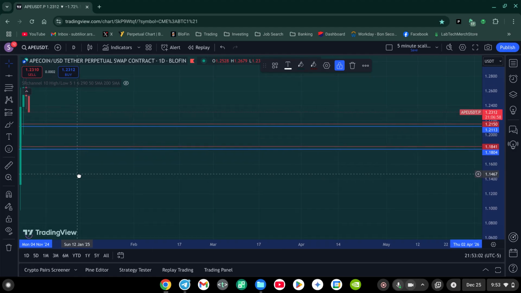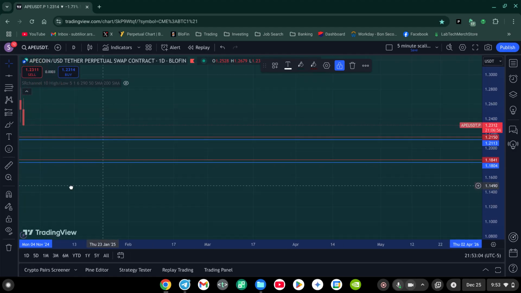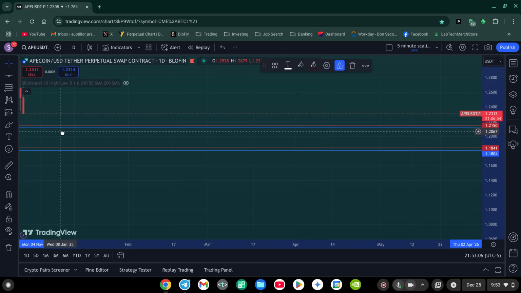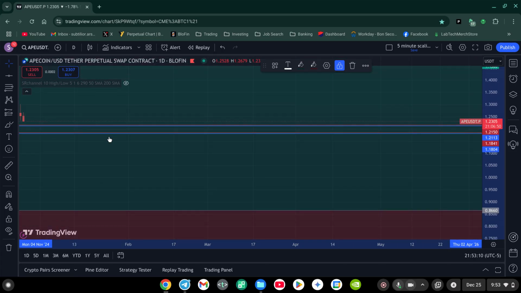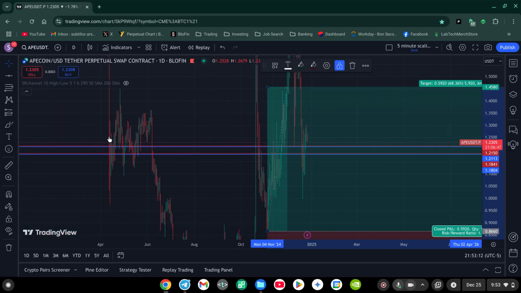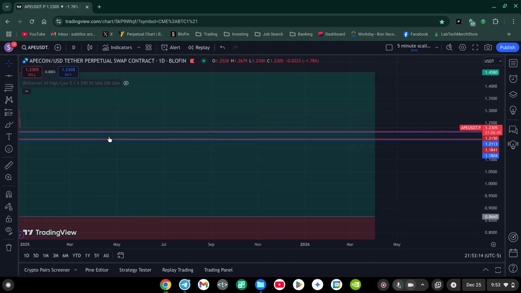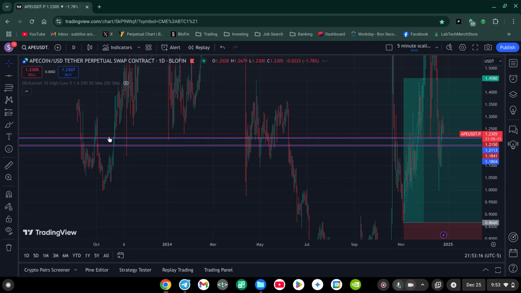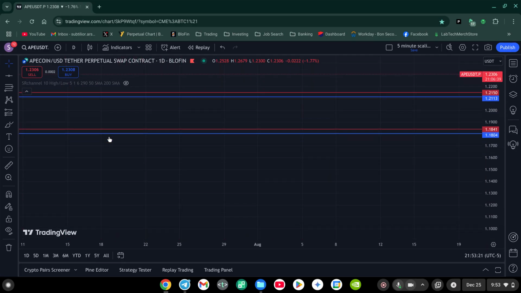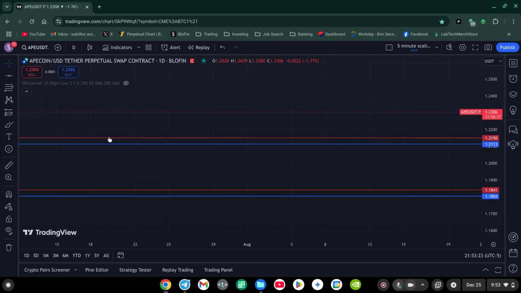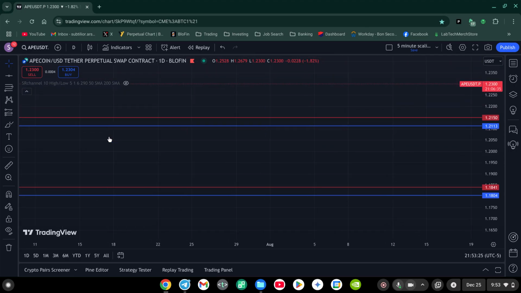So if the price, let's say for example we have something set up like this, and I'll just go out to somewhere blank, like this. Say we have these two grid lines, and the bot is trading these grids, right?